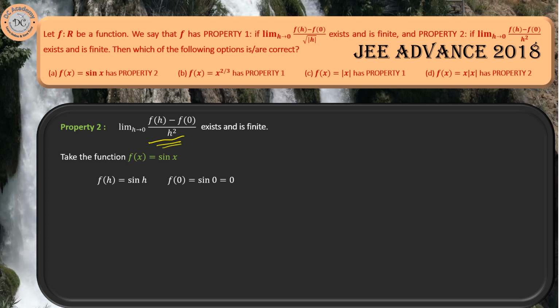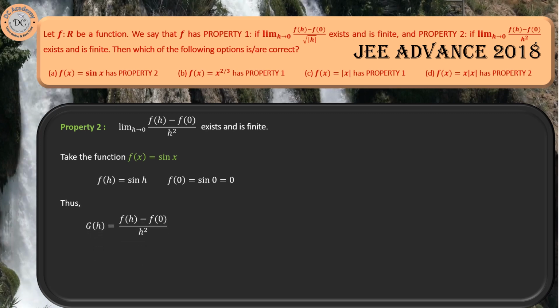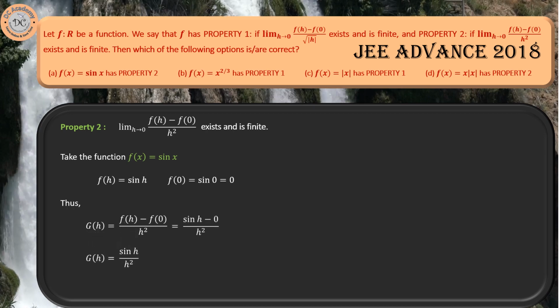Why? Because we then apply our limit on this function g(h). So if we apply the values of f(h) and f(0), we get sin h divided by h squared.